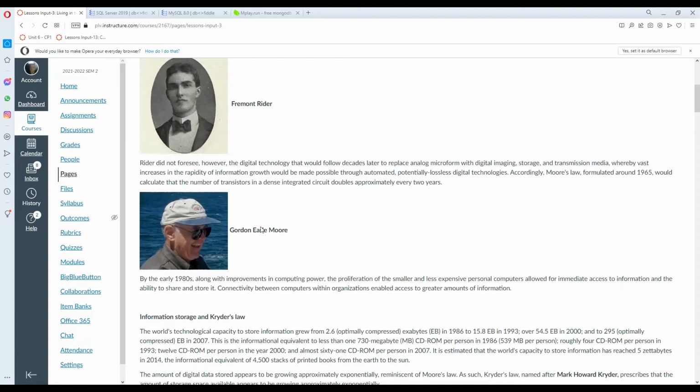Gordon Earl Moore? Gordon Earl Moore is one of the founders of Intel, the company that built the Intel Corporation, which manufactures one of the leading processors in the world today. He was one of those who formulated what we call Moore's law, which states that every 2 years there will be a doubling of transistors in an IC.